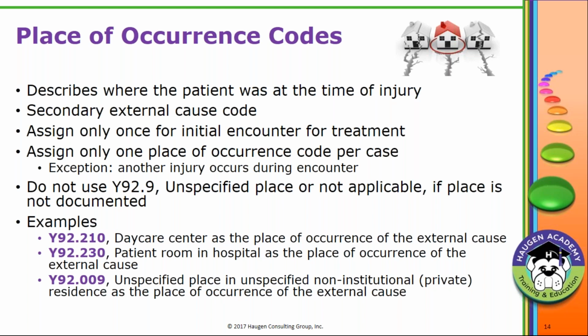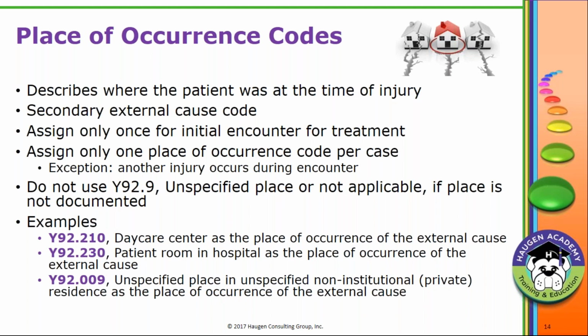A couple of examples of place of occurrence codes: Y92.210 for daycare center. There's one for patient room in a hospital, and there is an unspecified place of residence, Y92.009, that's just home, not otherwise specified. But the home codes get pretty ridiculous.